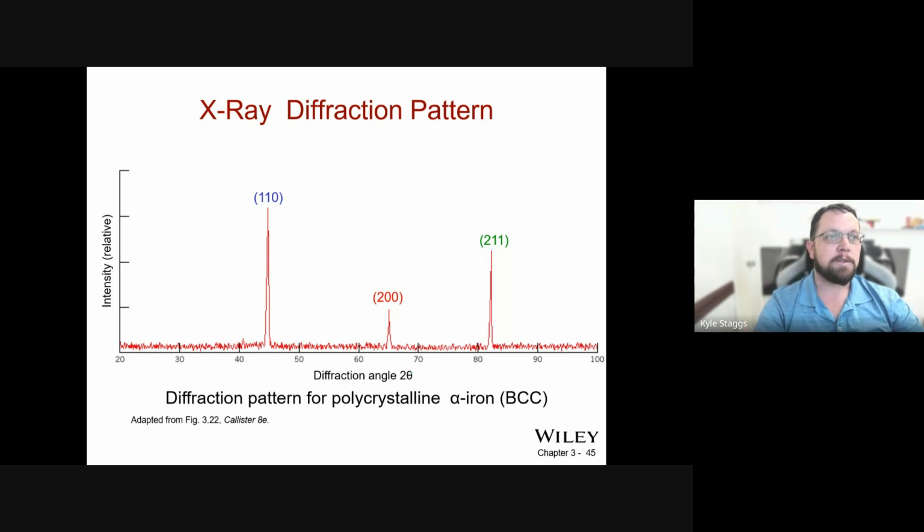So we have all of these different spikes for 110. We have a 200 and 211. So this is polycrystalline alpha iron that has BCC crystalline structures, but there are reflections at different X-ray patterns, and that's part of the information that we're trying to understand about it.